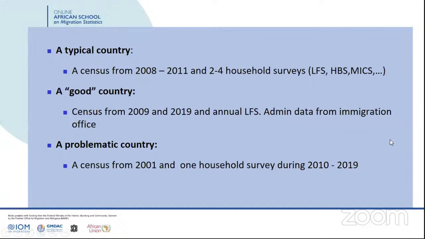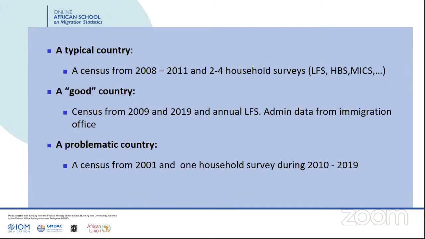So from what I call a typical country, we may have one census sometime from the period 2008 to 2011, and then maybe 2 to 4 household surveys in the period 2010 to 2019. What I call a good country may have 2 censuses, one in 2009 and one in 2019, and then annual labor force surveys, and maybe administrative data as well.